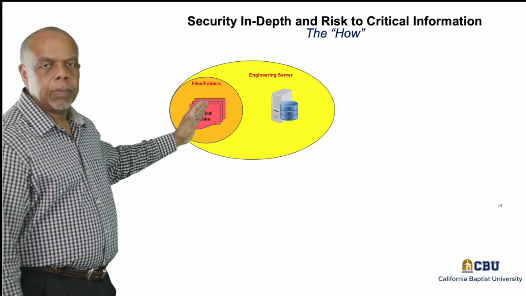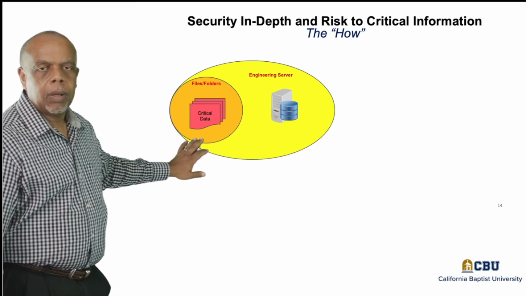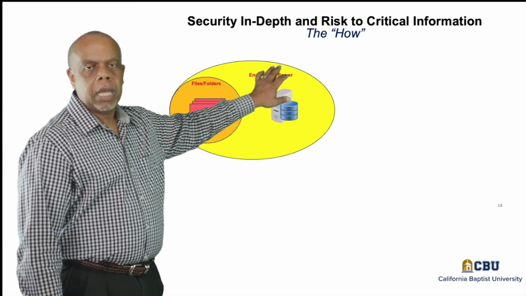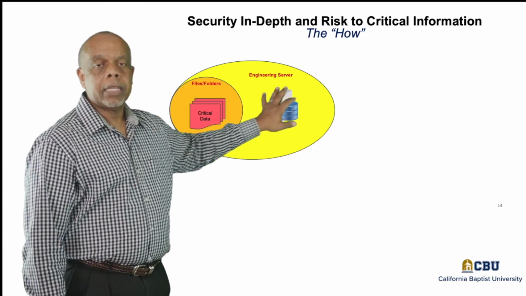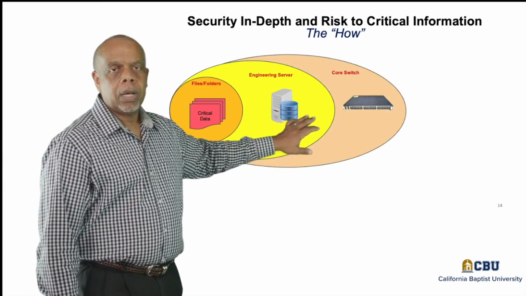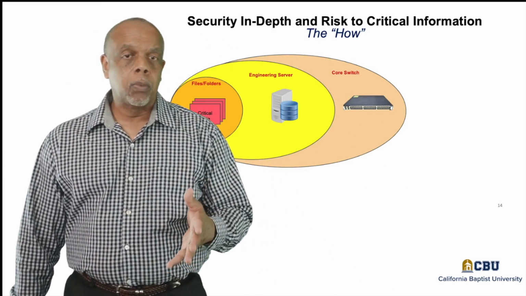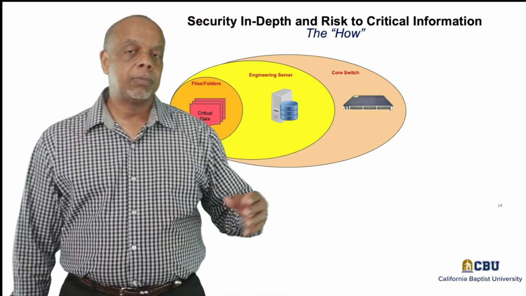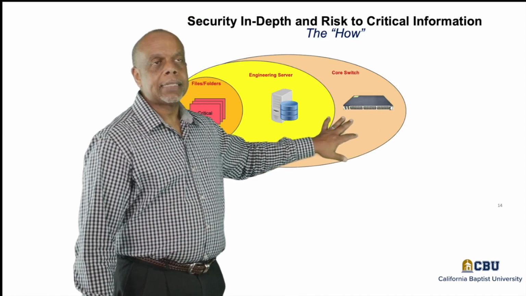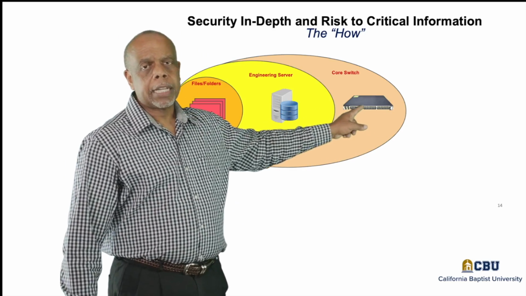Because if you tell me what's important that needs to be protected, now we can start building the layers behind that. If I've got my data in some type of file share, that file share is probably sitting on some type of server that's giving access to it. Now, how do you get to that server? Well, there's probably some type of switching, depending on your network, whether it's a layer 2 or layer 3 device, some type of core switch that's controlling the connectivity.